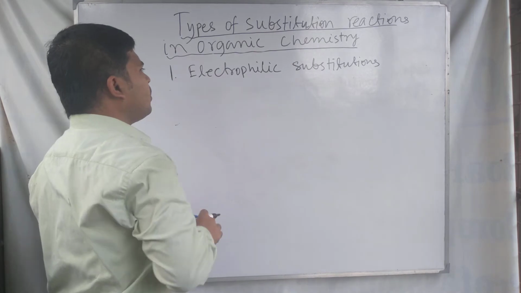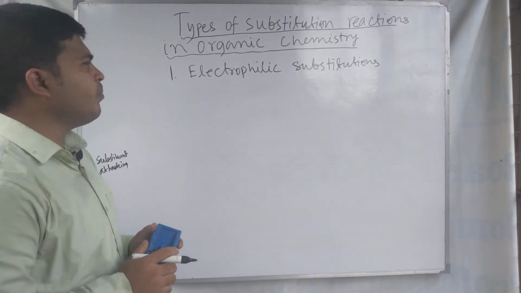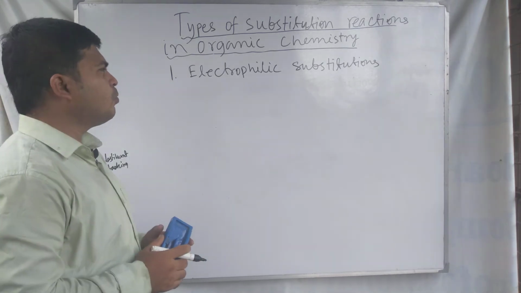At first, the electrophilic substitution. In electrophilic substitution, an electrophile replaces an atom or group of atoms in the reactant molecule to form the product.